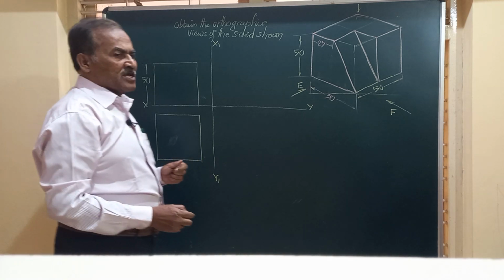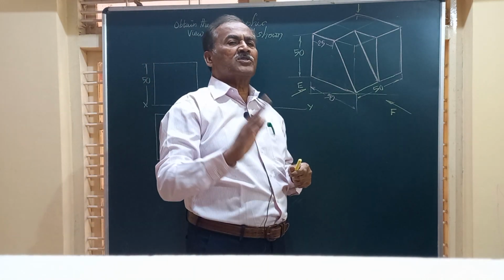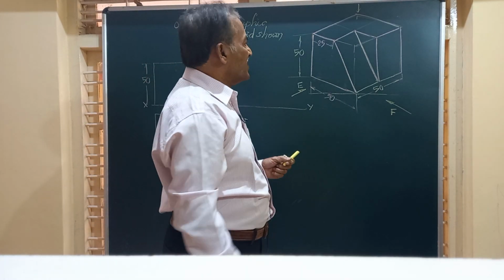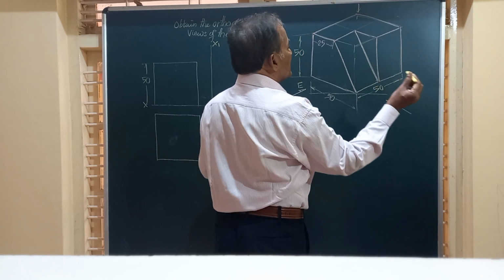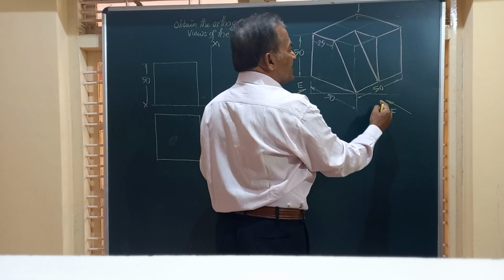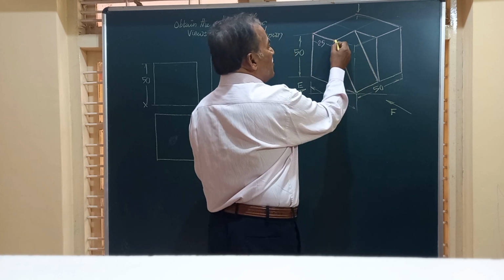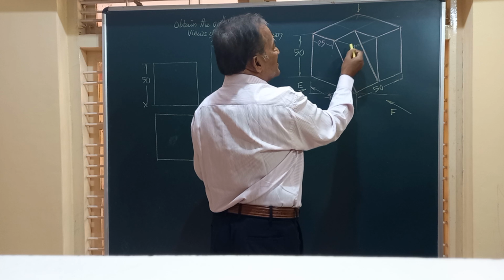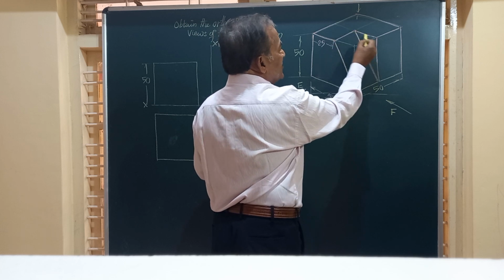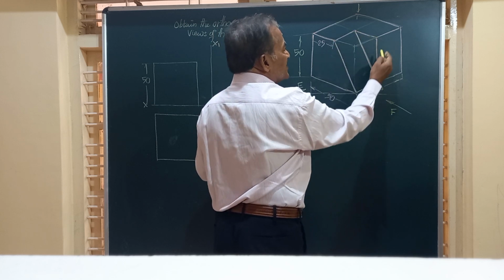Now friends, let us complete the front view of the object. In the front view, you are looking at this object in this direction. So friends, this point on this line appears as if it is here. Similarly, this point here appears as if it is here.